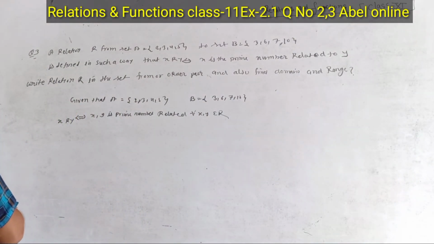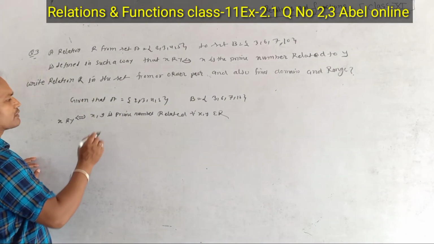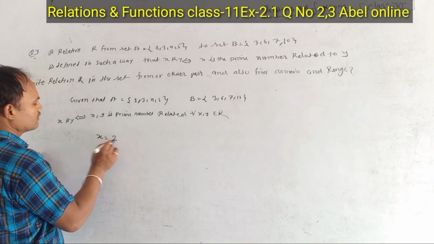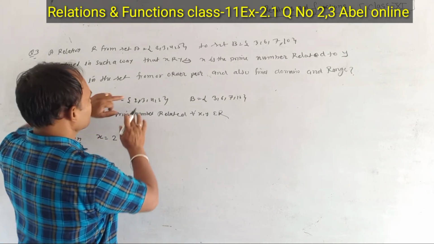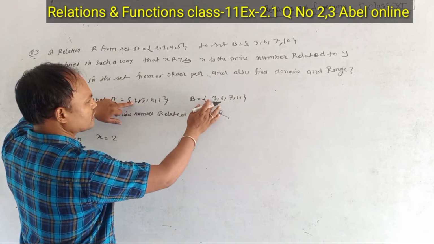So we are taking the elements one by one. When x equals 2: is there a common factor between 2 and 3?